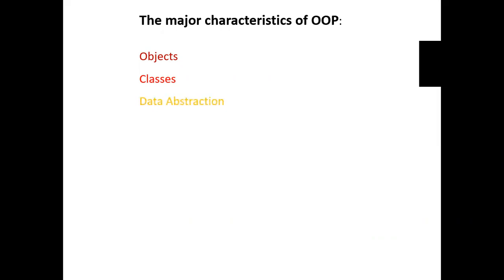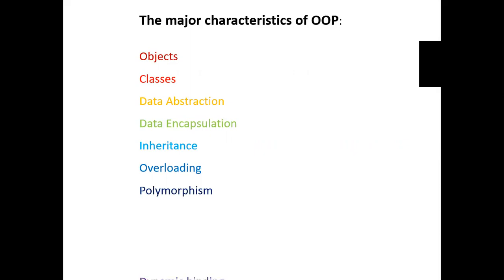Then next are data abstraction, data encapsulation, inheritance, overloading, polymorphism, dynamic binding, and the last one, message passing. These are the major characteristics of OOPs.